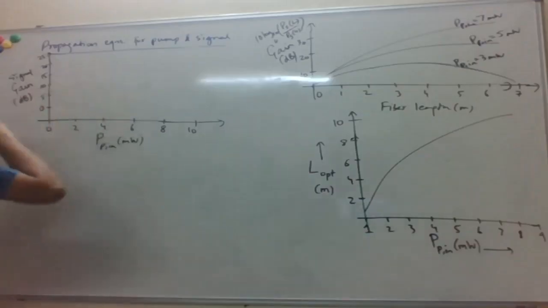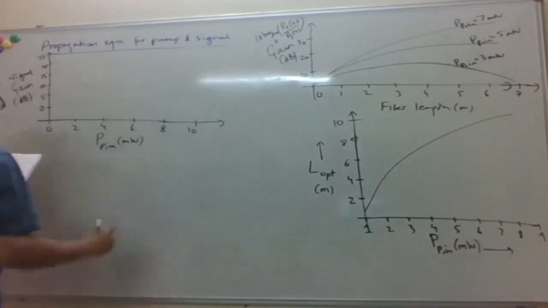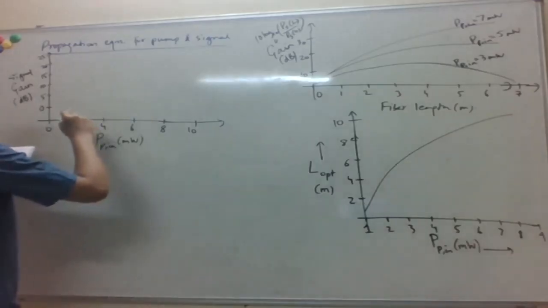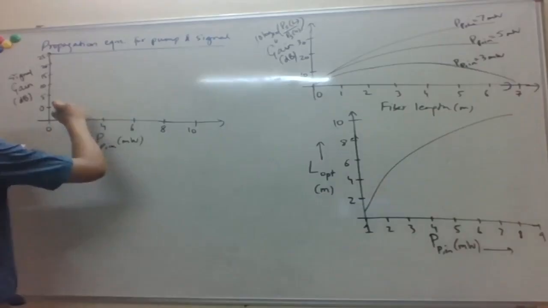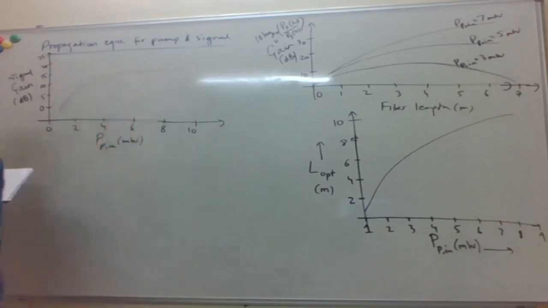Okay, so we can plot this for different fiber lengths. So for example, for a 3-meter fiber, it looks something like that.